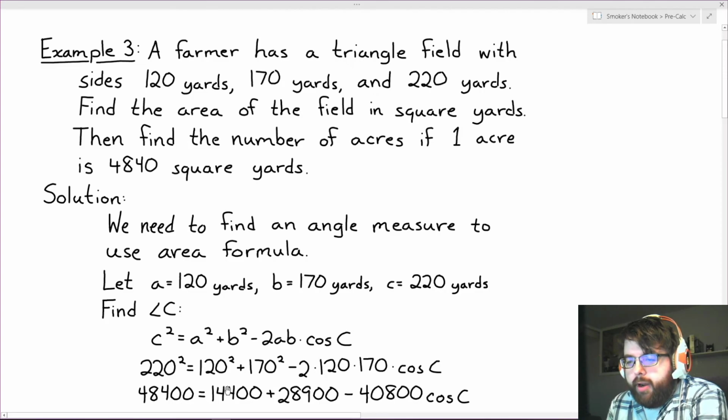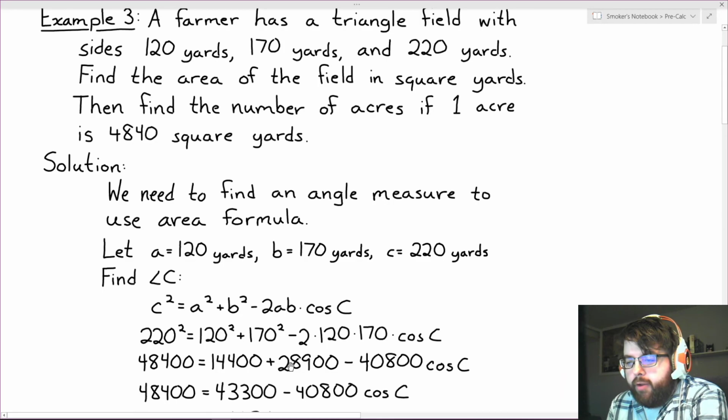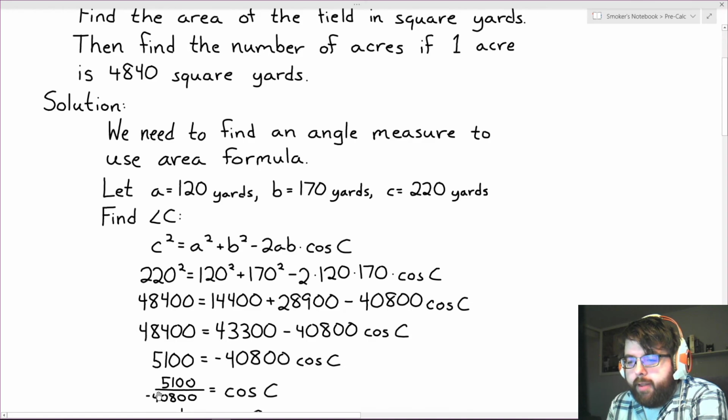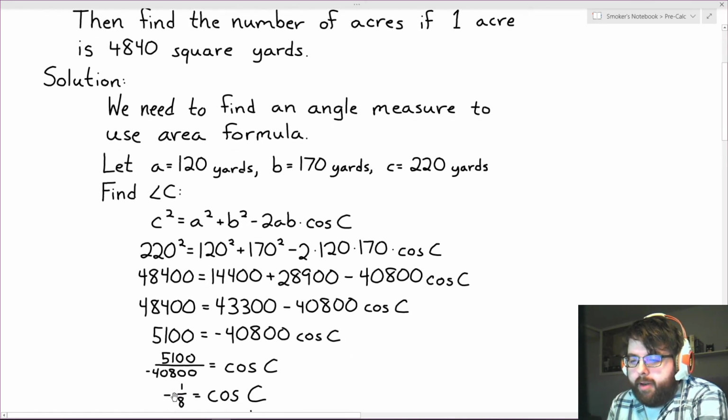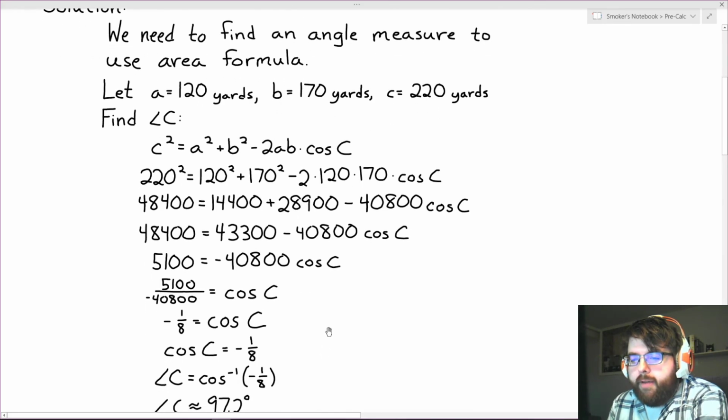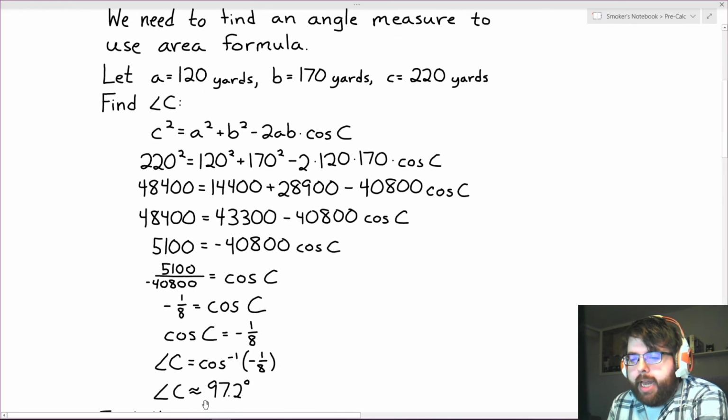So 220 squared, 120 squared, 170 squared, then 2 times 120 times 170. Add those 2 together. Subtract 4. Please don't add these 2. Subtract 4, 3300. You get 51 with all big numbers here. Divide both sides by that. You get negative 1/8 equals cosine C. So we're going to do cosine inverse of negative 1/8 and get 97.2 degrees.